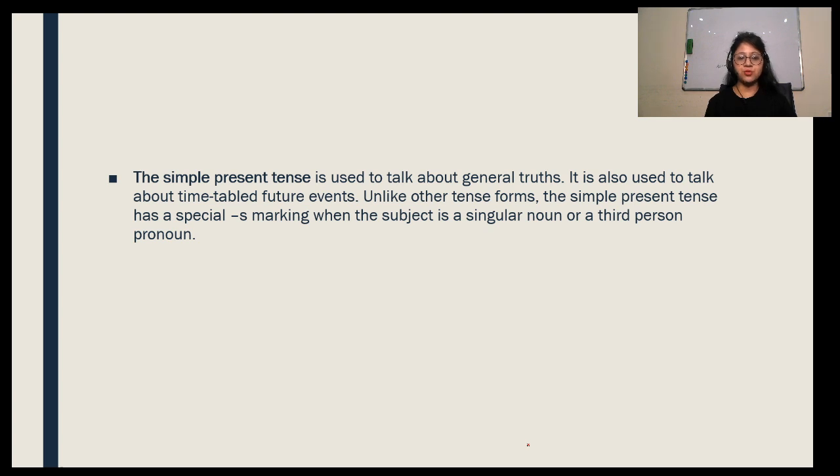Please understand that the two places where we definitely use simple present tense are whenever we start academic writing task 1 and 2.